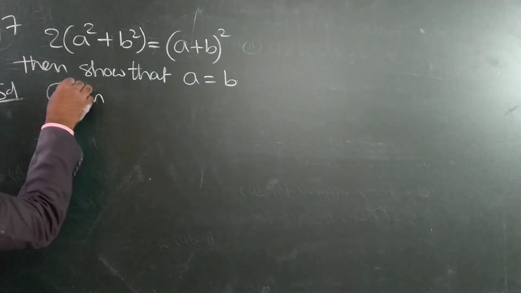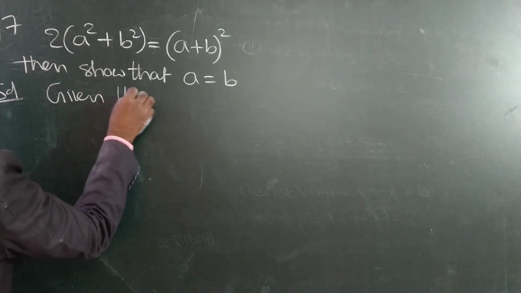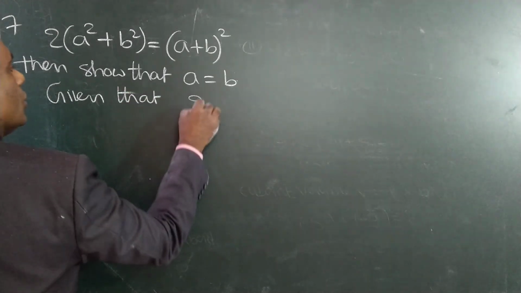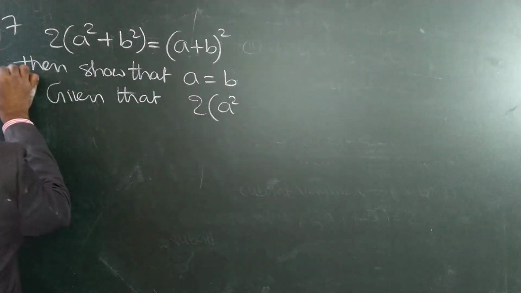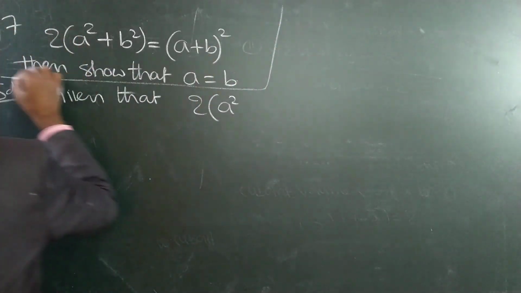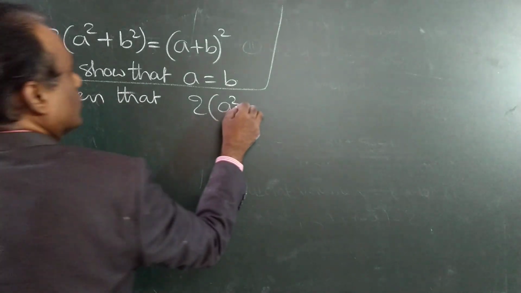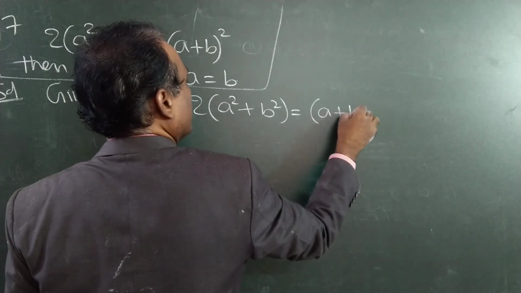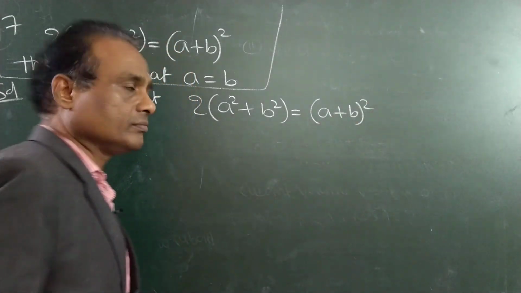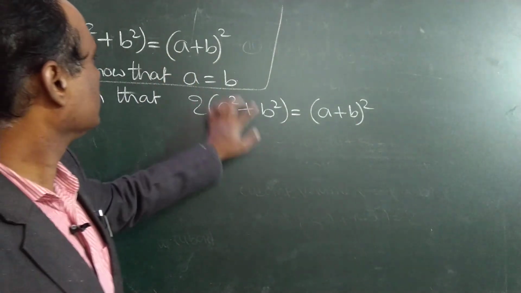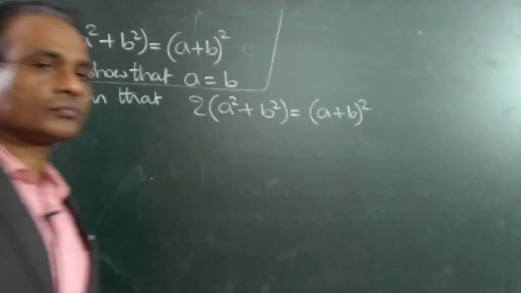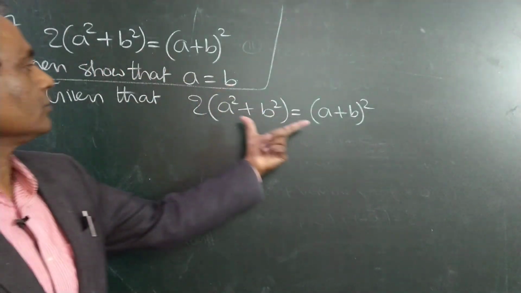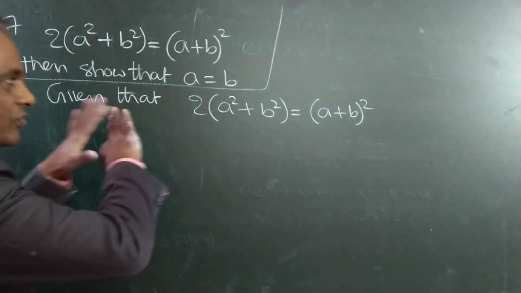What is given? Given that 2 into a square plus b square is equal to a plus b whole square. I am starting the solution. This is given. I am simplifying.